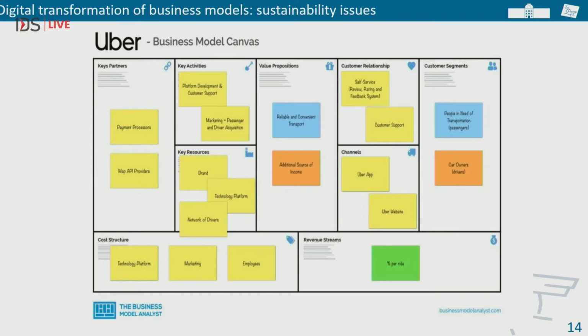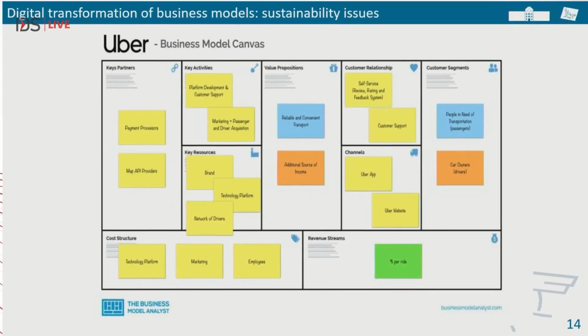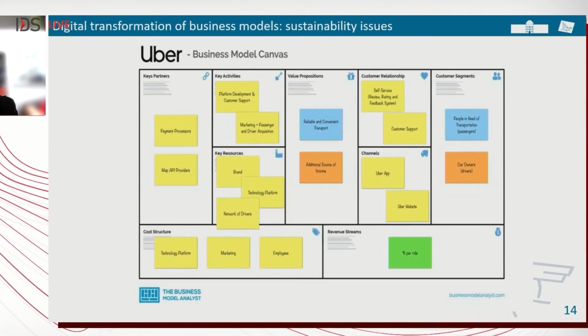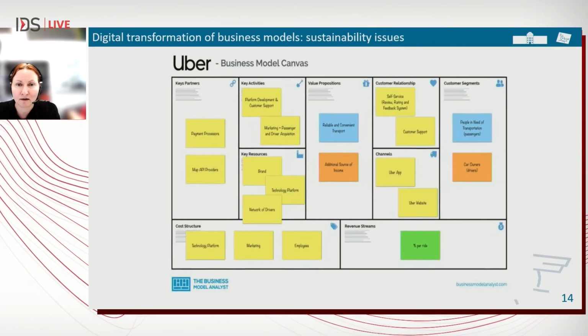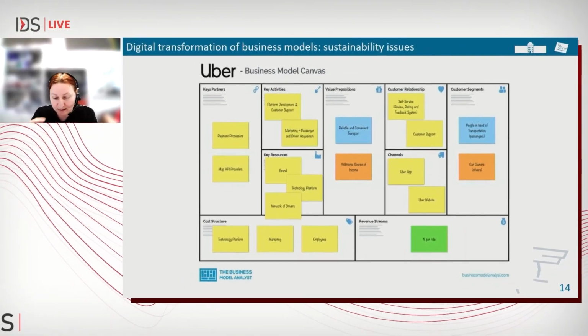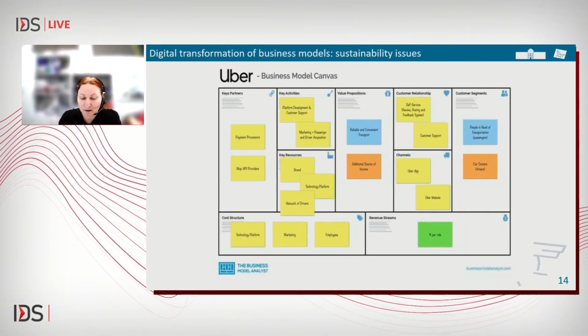In short, there is an app which connects drivers to users who need a ride, and all drivers and passengers use a smartphone as a tool. To see Uber customer segmentation, we go to this slide. We have two customer segments in Uber.